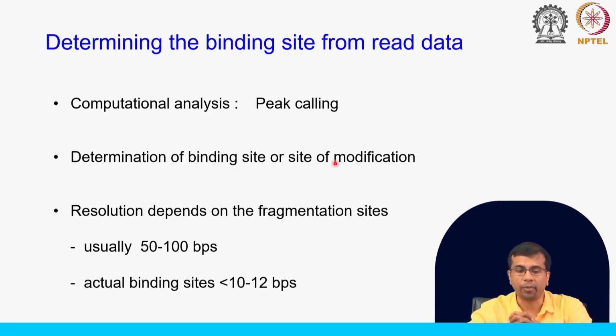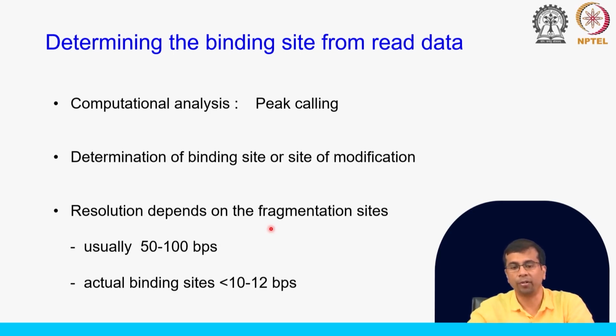This resolution depends on the fragmentation size, but it is usually between 50 to 100 base pairs. So, we may be able to determine within 50 to 100 base pairs where the binding site is. We will see again in the hands-on that we will have some sort of uncertainty, but the actual binding sites, the transcription factor binding sites or the modification sites, are usually only 10 to 12 base pairs, especially for the DNA binding protein.